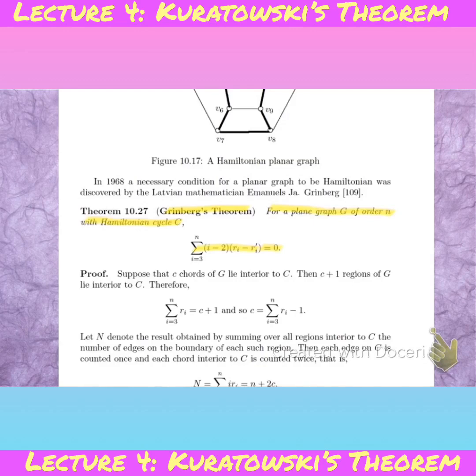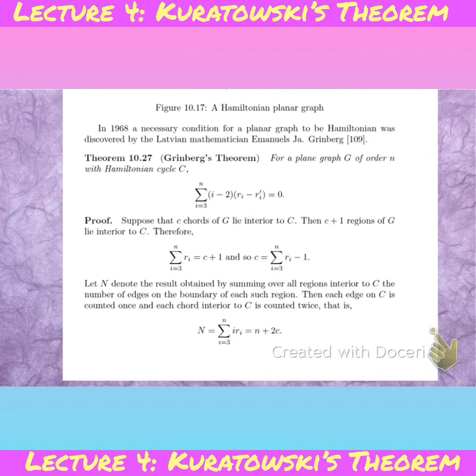are not planar. So how the proof works is basically you distinguish, okay, so let's say the number of chords that lie interior to C is denoted by this quantity C, and all the regions within the cycle C adds up to the number of regions C plus 1, because you can see this clearly.